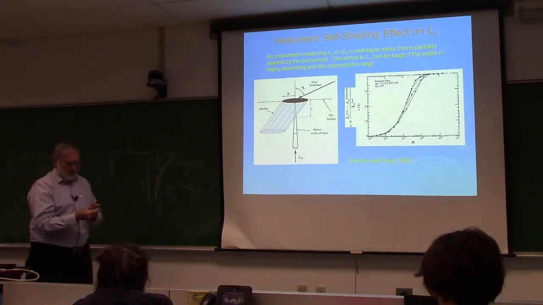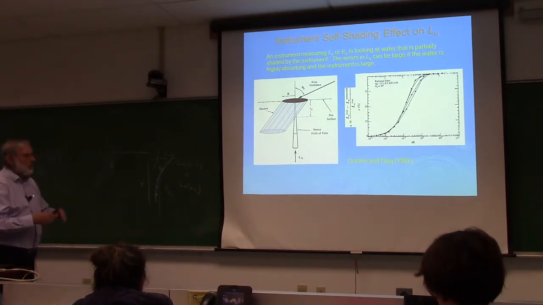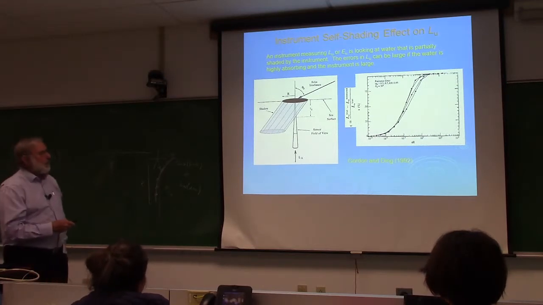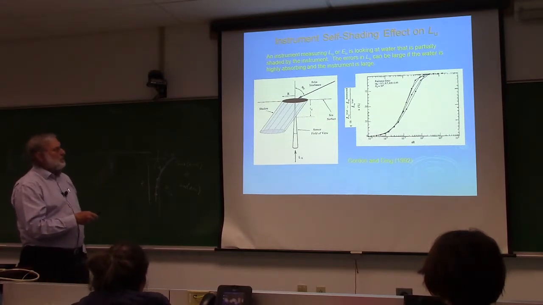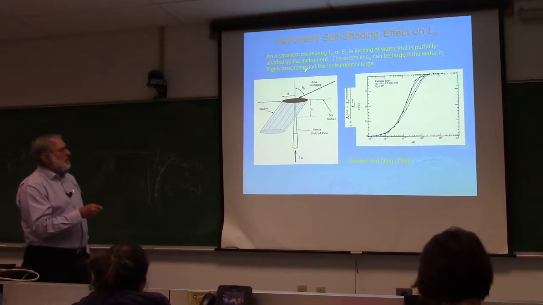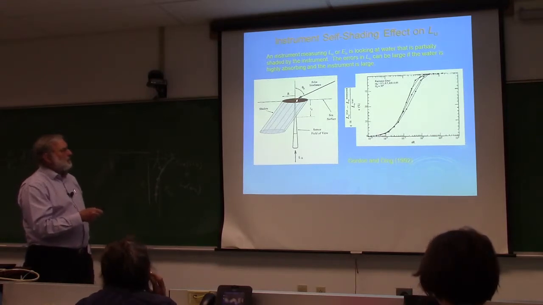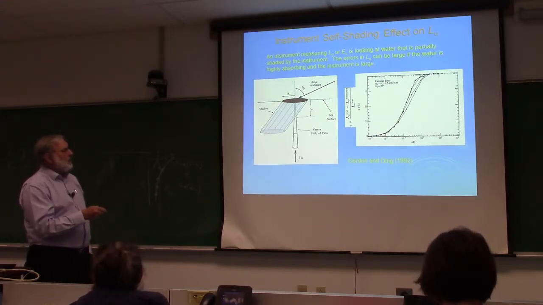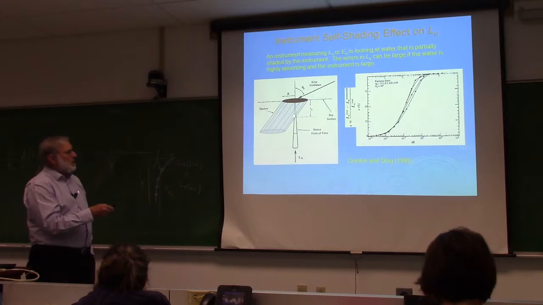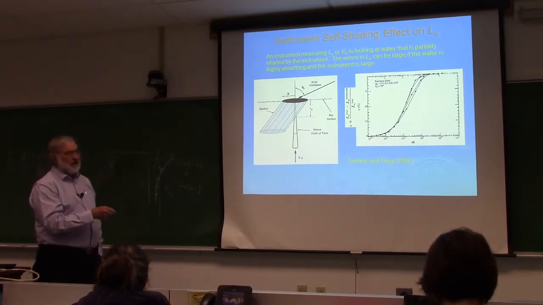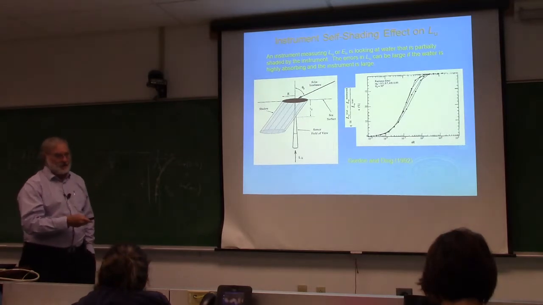So Howard Gordon first looked at this whole so-called self-shading problem back in '92, and he did Monte Carlo simulations where he built in the size of an instrument, so it's some radius r. He put the sun angle here, he looked at the shadow, then he used his Monte Carlo code to compute LU as you vary the instrument radius, the sun angle, and the water IOPs.